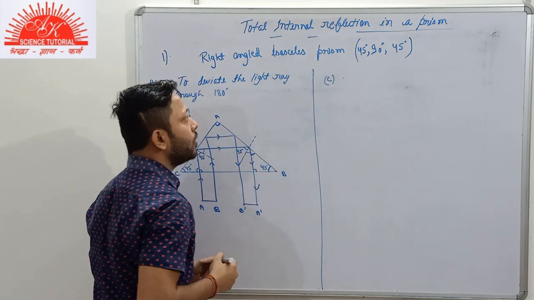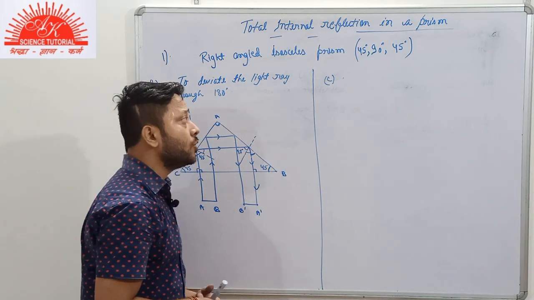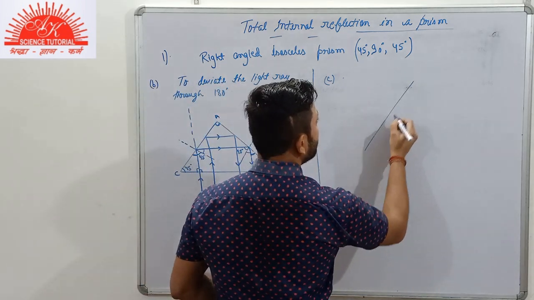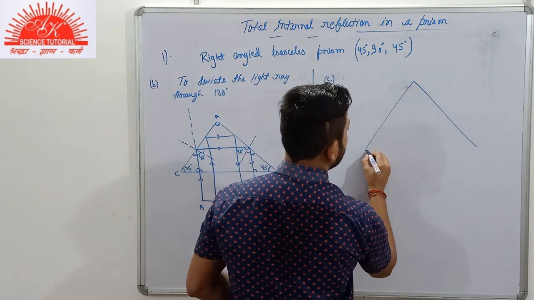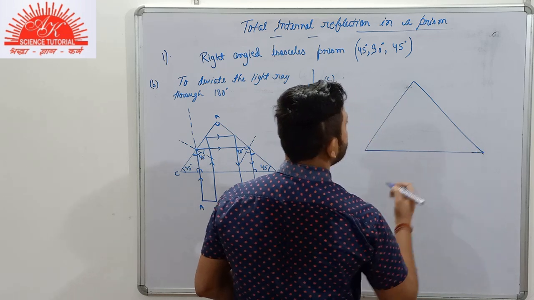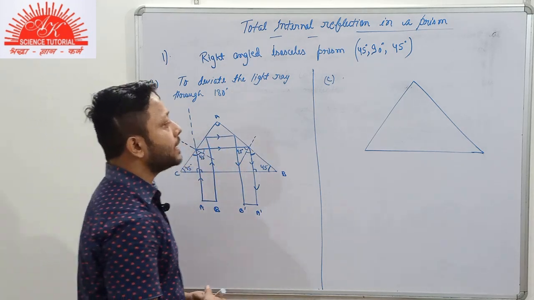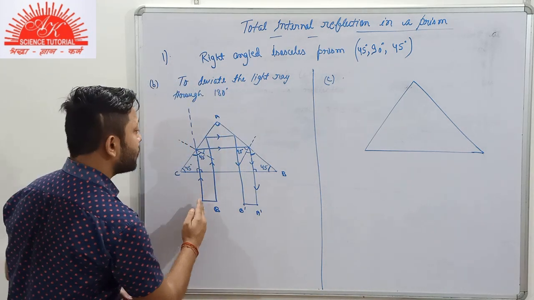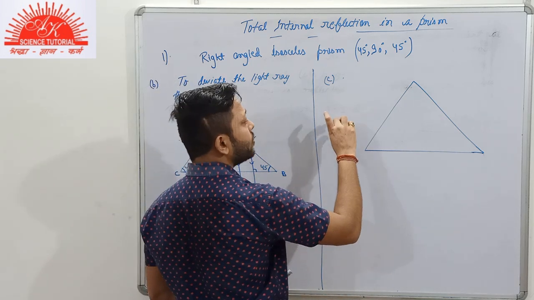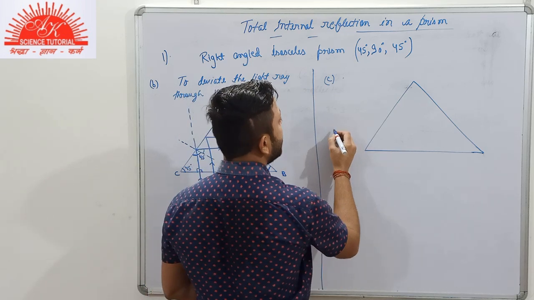Now we move to the next case, that is when this type of prism, right angled isosceles prism, is used to erect an inverted image. I'll draw the diagram for you. The position of the prism is same as this condition, but the light ray that was entering from this surface BC, now in this condition, the object or the image will be here.